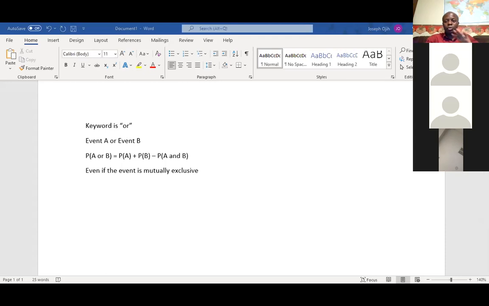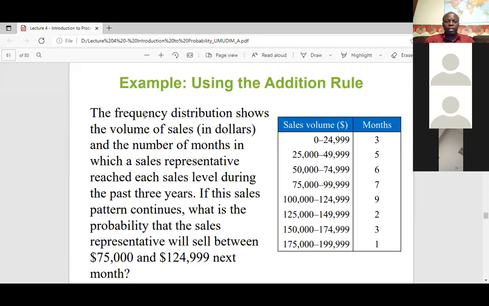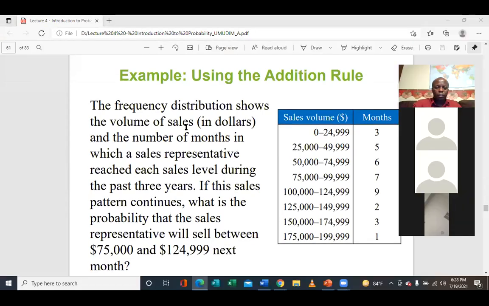So that's what we did last week. But let me refresh your memory by solving two examples. Look at this example here. It says the frequency distribution here shows the volume of sales in dollars and number of months in which a sales representative reached its sales level during the past 3 years.